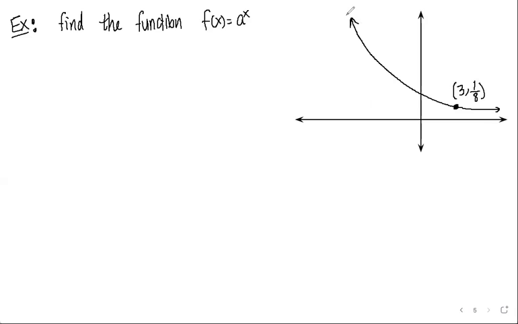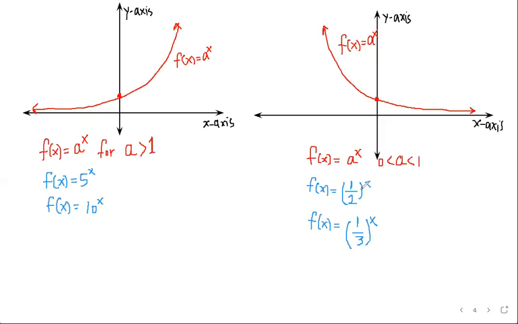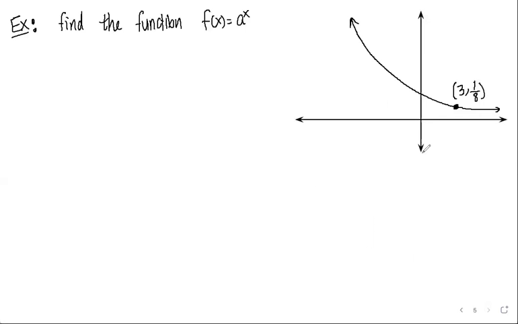Because the function looks like this, it's going to be like a fraction. This a will be a number between 0 and 1 because the function looks like this. So first of all, they give me the point 3, 1 over 8.